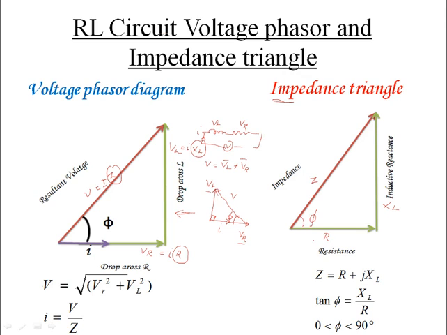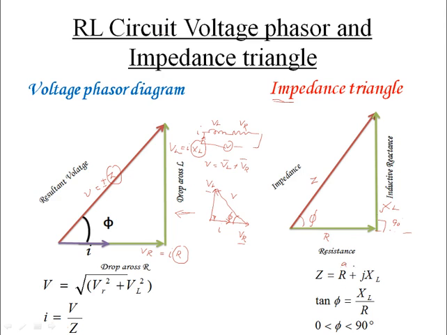Z will be equal to R plus XL, but XL is not like this. XL is in a position rotated by an angle of 90 degrees, so instead of simply XL you have to write j XL. So Z will be equal to R plus jXL.